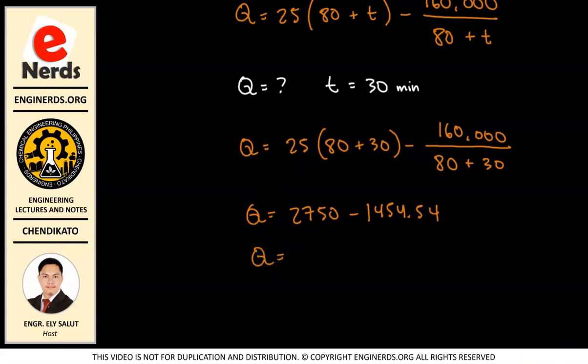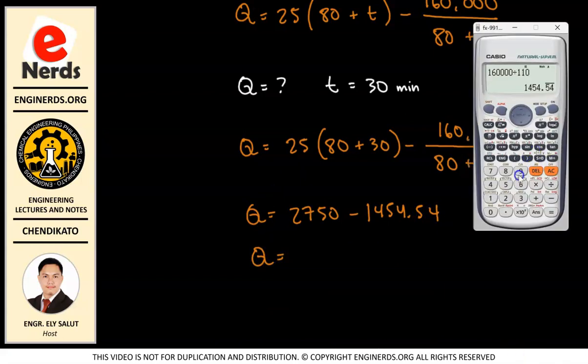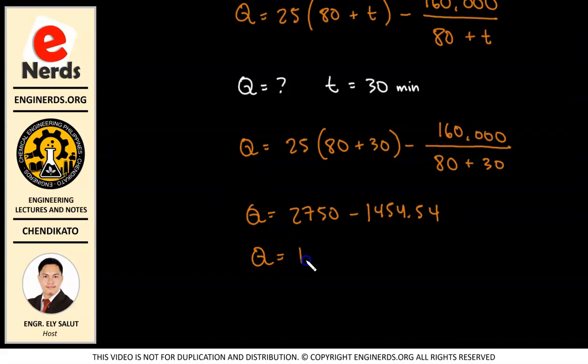Q is equal to 2,750 minus our previous answer, which gives us 1295.45, and the unit is Newton. So this is our final answer.